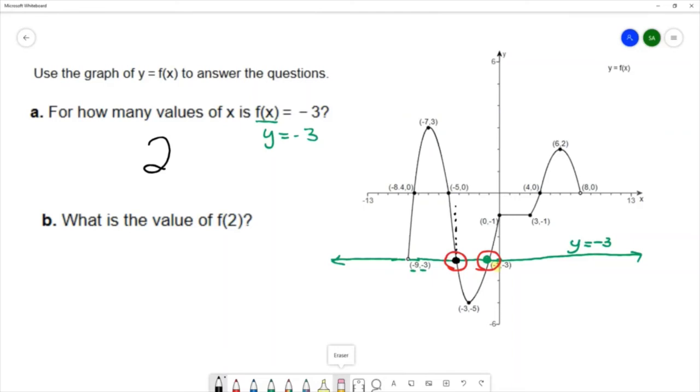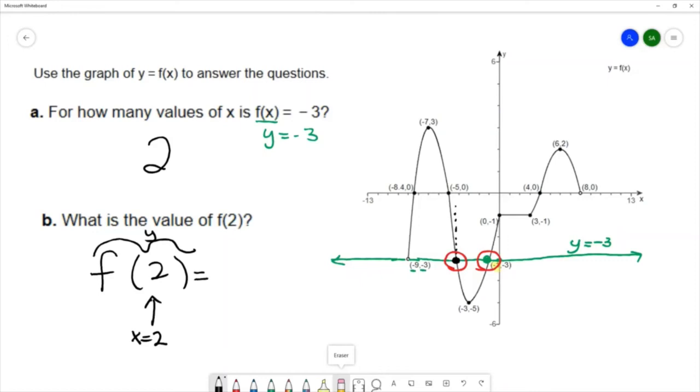And for the second part where it says, what is the value of f of 2? We have to remember what this notation means. F of 2. 2 is my x, and f of 2, so this entire notation here, is my y.